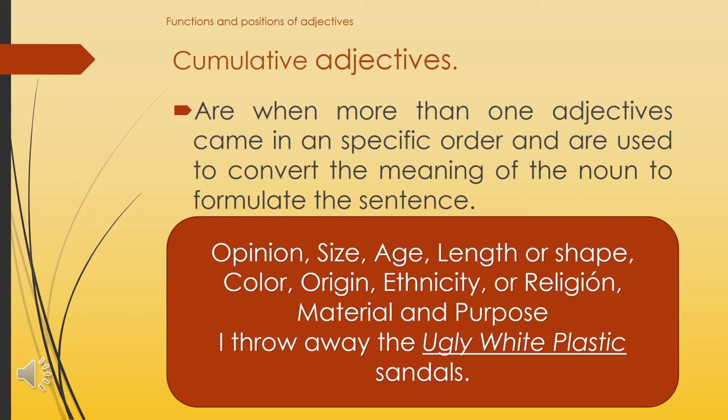According to the functions and position, adjectives can be classified as cumulative adjectives, when more than one adjective comes in a specific order and is used to convert the meaning of the noun to formulate the sentence.